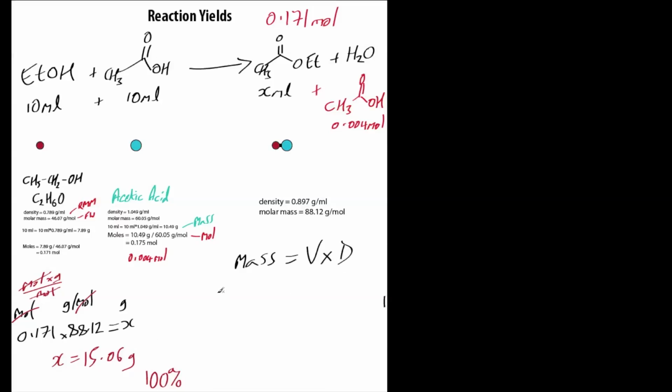We have the mass, so that's 15.06 grams equals volume. We don't know that. Let's leave that as V for now because we don't know that. So equals volume times density. We've got the density there is 0.897, and that's grams per mil. Let's see if I can squeeze over. And I'll just get rid of that line.